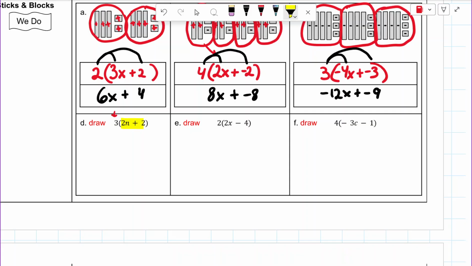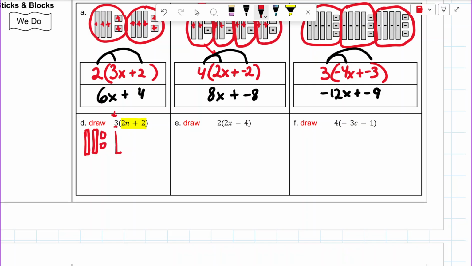And what's in one of the groups? This number right here. So let's try it together. So there are 3 groups. That means there's 1 stick and 2 sticks. Those are both positives. And then there's 2 units. That's one group. Now how many groups do we need? We need 3 of those.